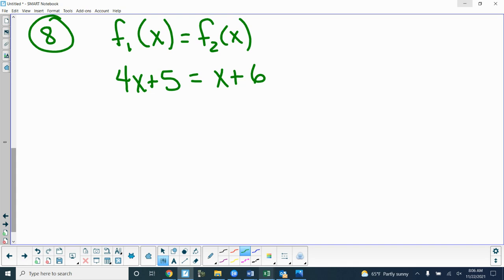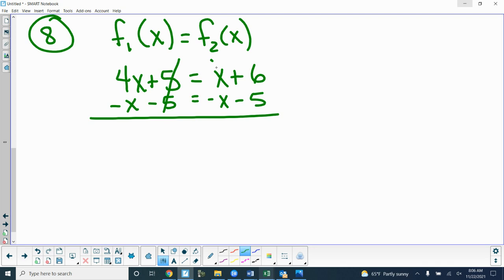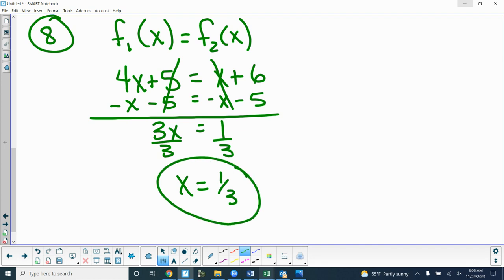Okay? So I'm going to take this x on the right over, so I'm going to subtract it. I'm going to take the 5 on the left over to the 6, so I'm going to subtract it also. The 5's cancel on the left, the x's cancel on the right. I get 1 on the right, I get 3x on the left, and then divide by 3 to figure out what value of x makes it equal.